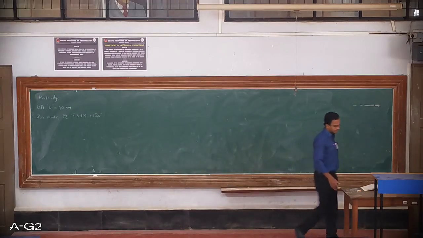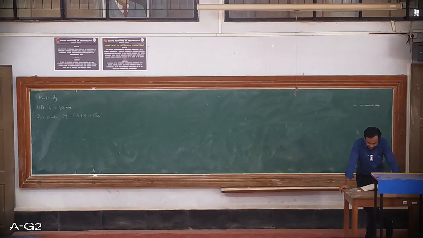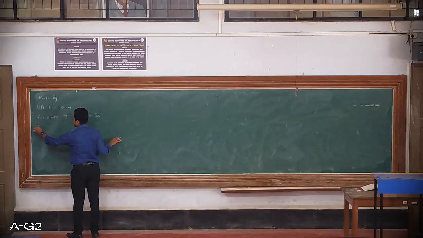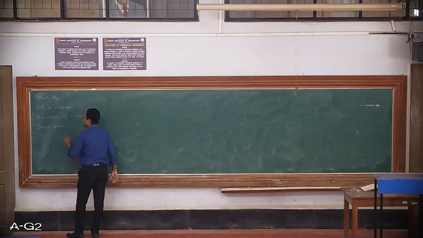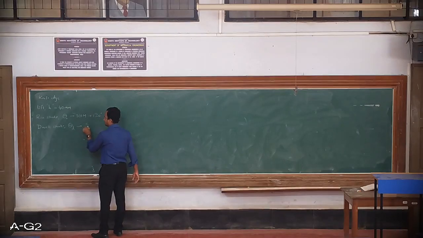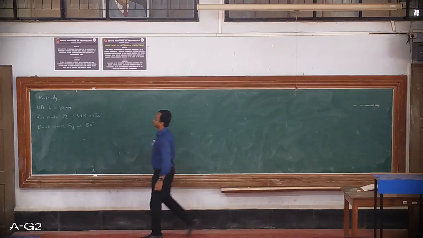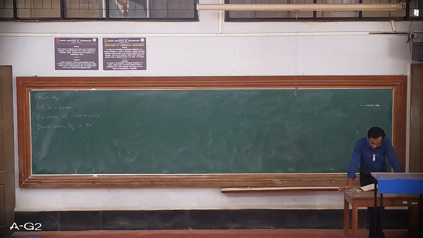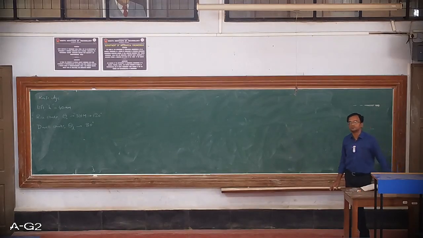Okay. The next sentence, it is followed by a period of dwell for next 80 degrees. So after rise stroke, they are saying that there is a dwell period, which I will denote it by theta d, and the period is 80 degrees. Okay. Now the next sentence, the follower descends or returns for the next 80 degrees of rotation with uniform velocity.